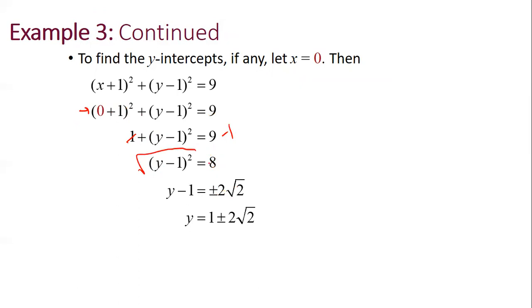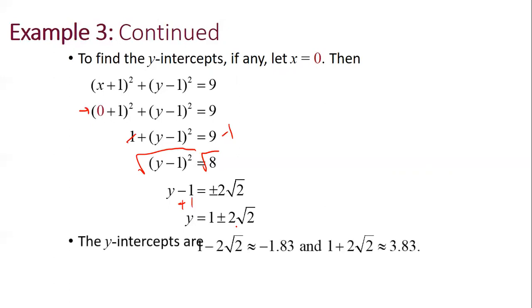We take the square root, which gives us plus or minus 2 square root of 2. Then we add 1 in the end, and we get 1 plus or minus 2 square root of 2. So there are 2 y-intercepts, and they are the opposite of what our x-intercepts were.